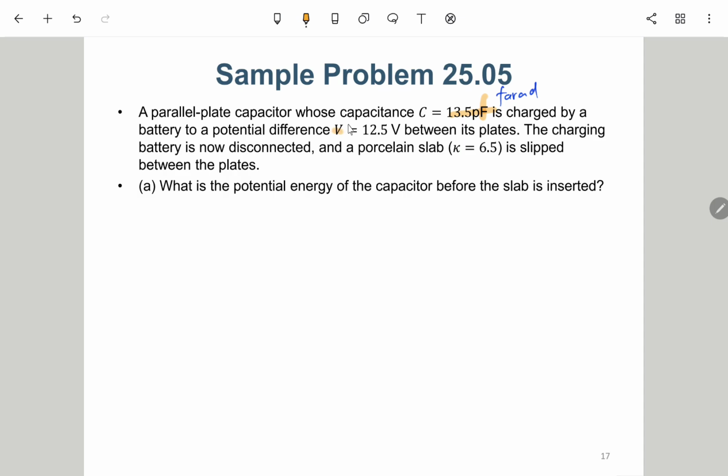The charging battery is now disconnected, and a porcelain slab is slipped between the plates. What is the potential energy of the capacitor before the slab is inserted? Before, it is easy.